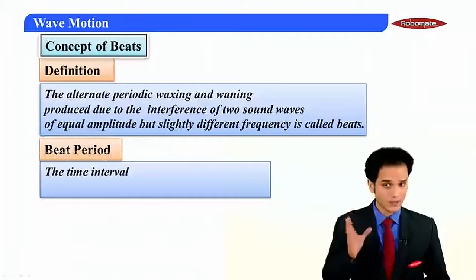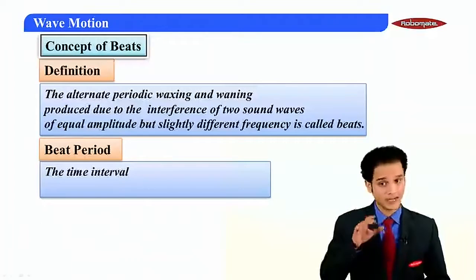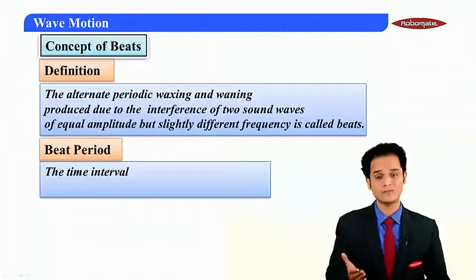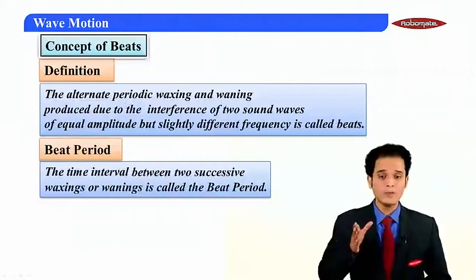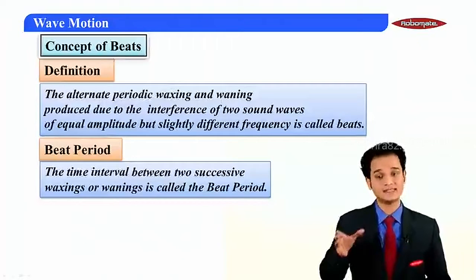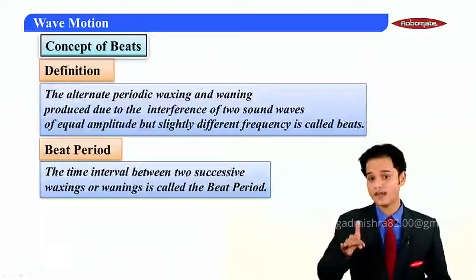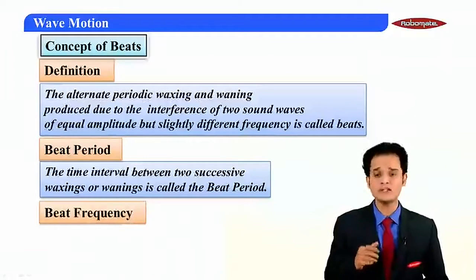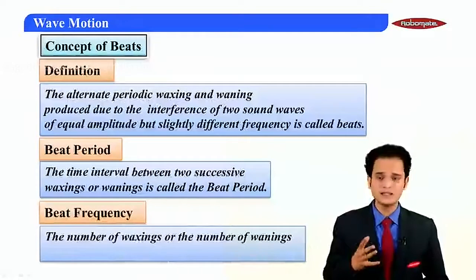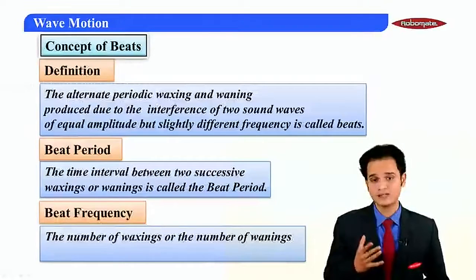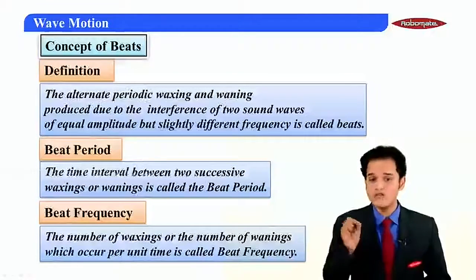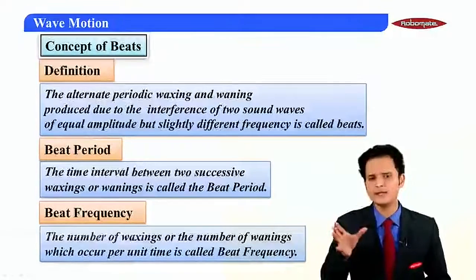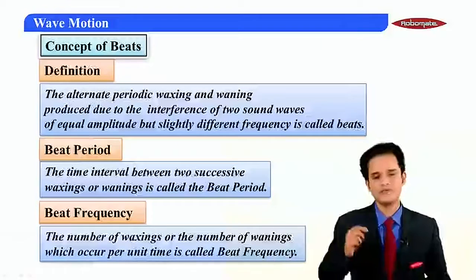The time interval between two successive waxings, that is loud sound, or wanings, that is soft sound, is called a beat period. Further, students, beat frequency is nothing but the number of waxings or the number of wanings which occur per unit time.